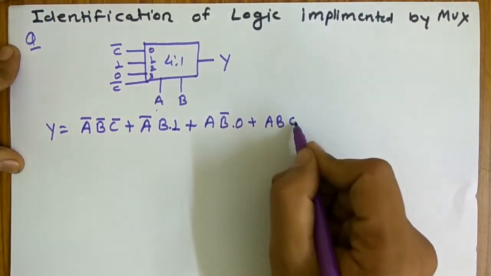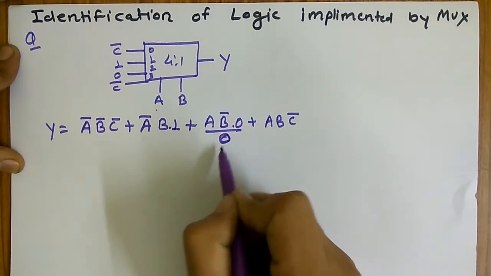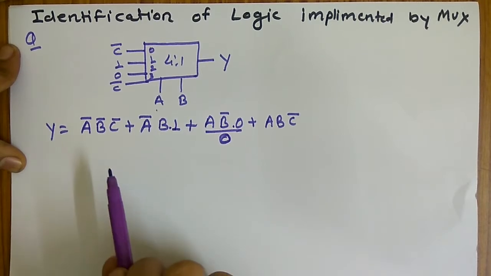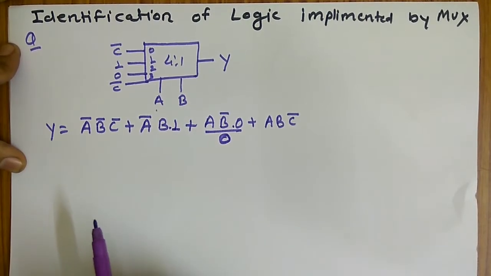So this last term will become 0. Then we have to minimize this function using kmap, or you can also minimize directly.